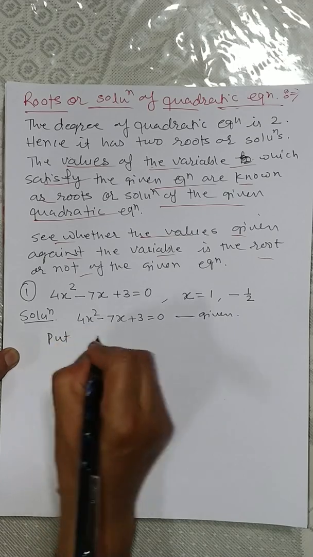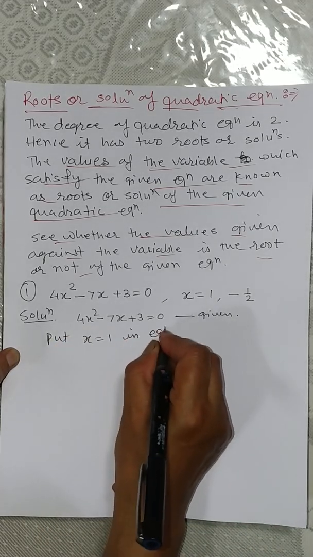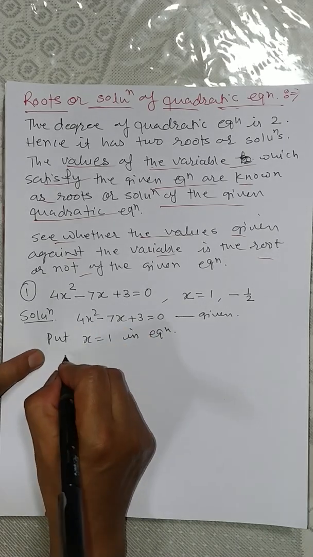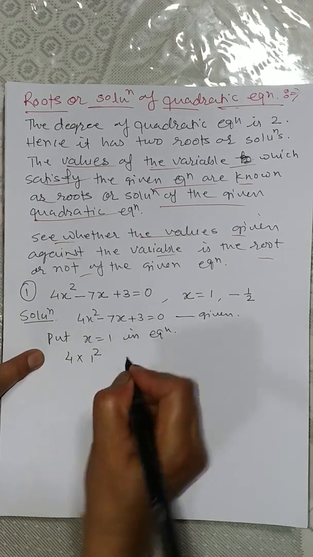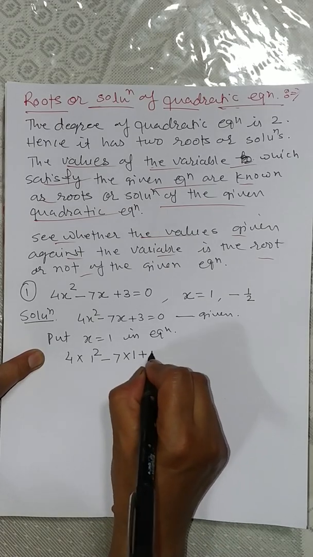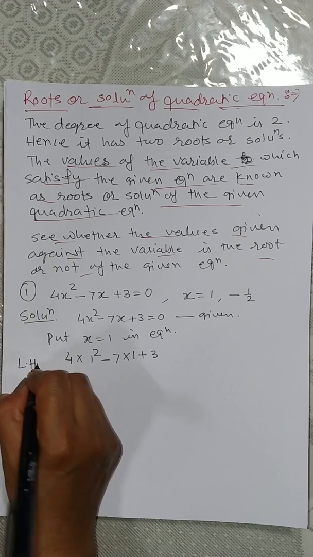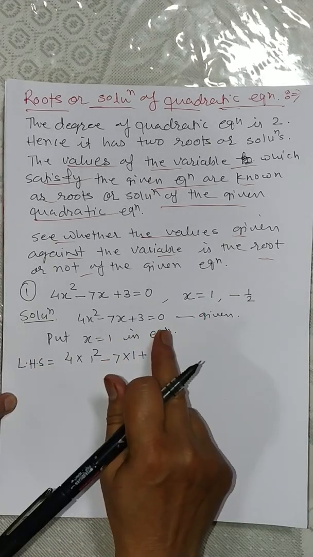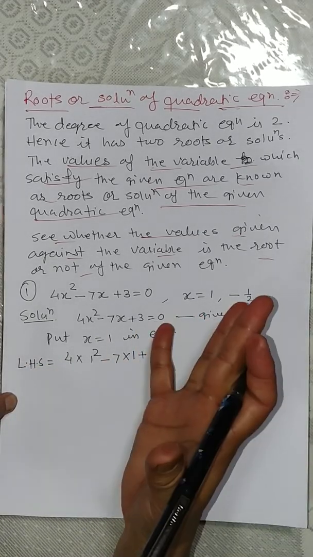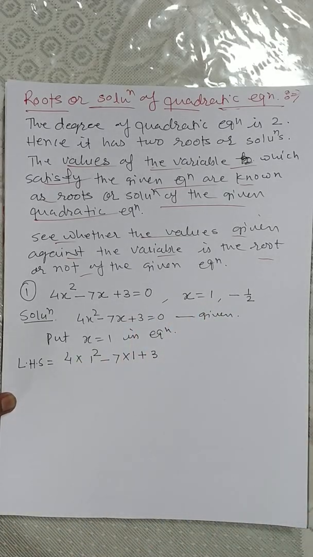So first we put x is equal to 1 in the equation. So here 4 into 1 square minus 7 into 1 plus 3. Now how do we prove this? We have to solve the left hand side. If left hand side is equal to right hand side, that means if it is 0, then this is the root.